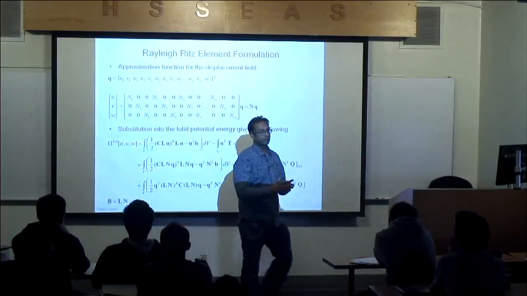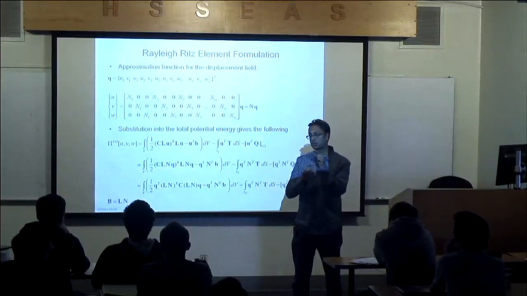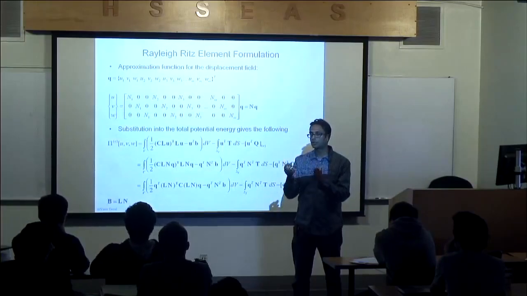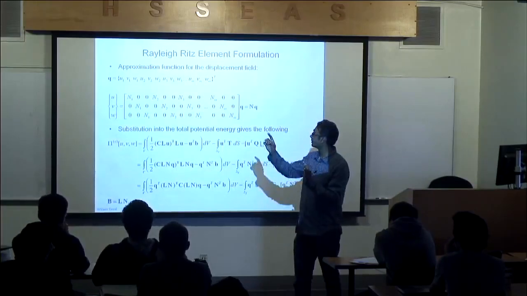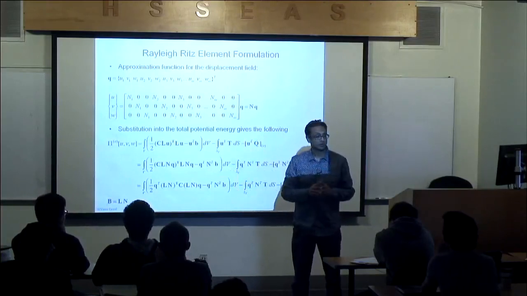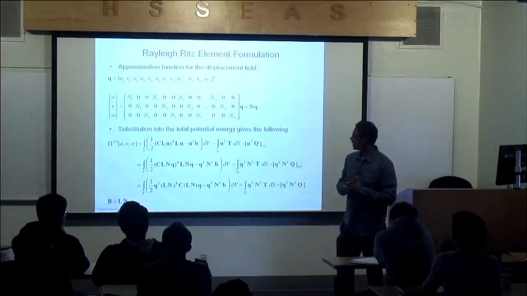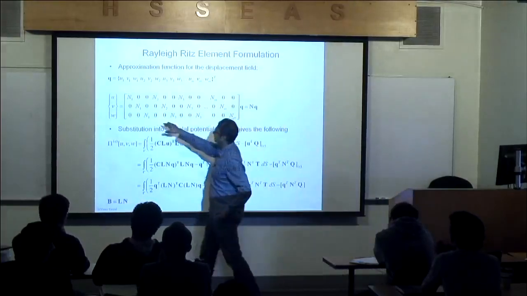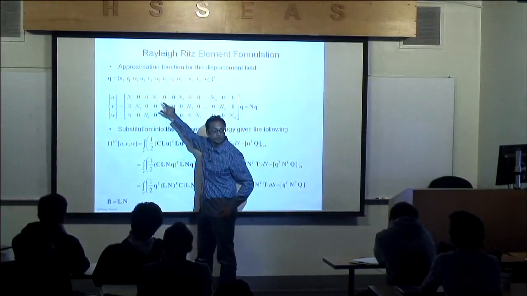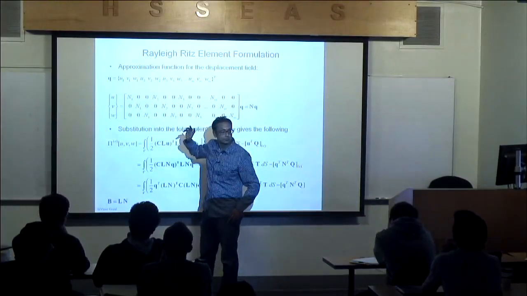That way, my vertical displacement V, along the y-axis, is interpolated with the nodal values V1, V2, V3, and so forth. The shape functions are the same for all of them. You're going to use the same shape functions for U, V, and W. Okay.